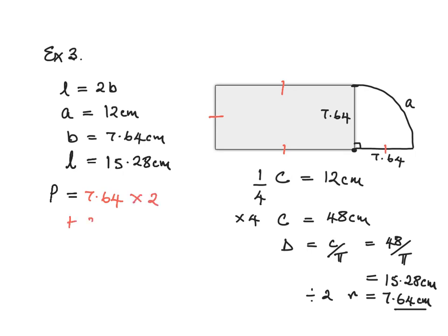And then 2 lots of 15.28. And the last thing that we have to do is to add on this curved line here, and that is 12 centimetres. That's 57.84 centimetres.